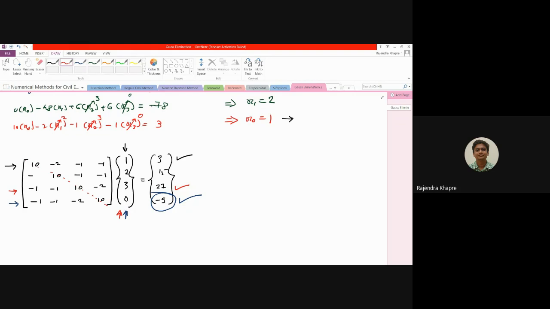So it's a time consuming process, and if you are analyzing a building which has probably a matrix of size 200 by 200 or even more, then manual calculation is literally not possible. That's why we use computers, and we need to develop a program for this. Then only will you be able to solve a large size problem like a residential building. I hope this method is clear to everybody.